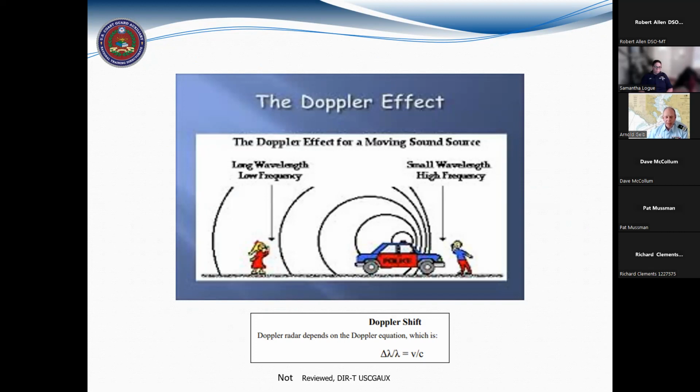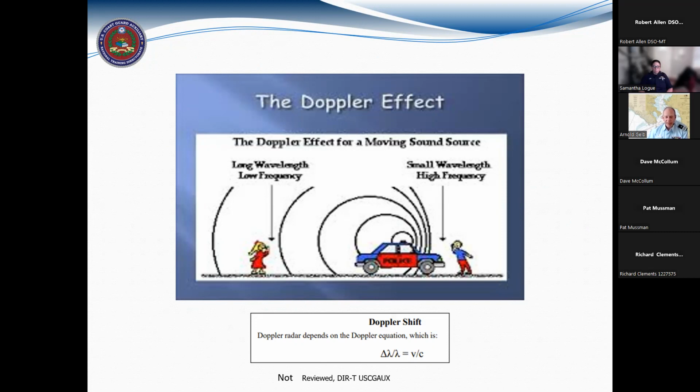And from the appendix in your book, it provides an equation for this. It's fancy, but essentially it means that the shift in the length of the waves over the actual wavelength, so essentially a proportion, is proportional to the velocity over the speed of light, or the speed relative to the speed of light.